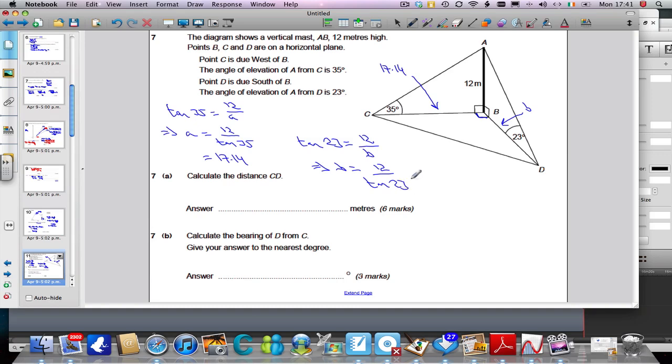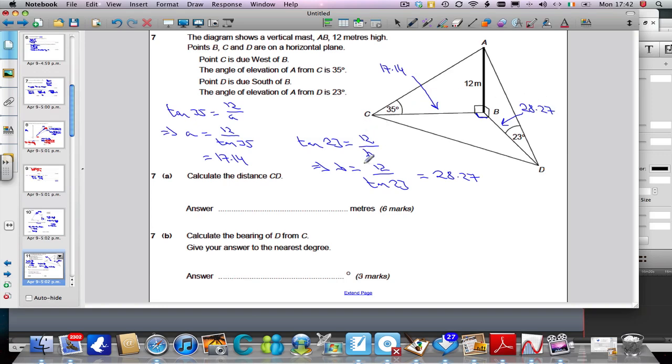And let's just put that into our calculator here. 12 divided by tan of 23 gives us 28.27. So nearly there.